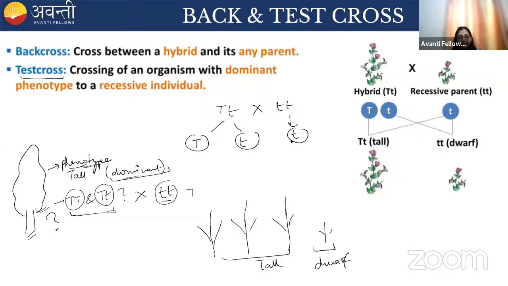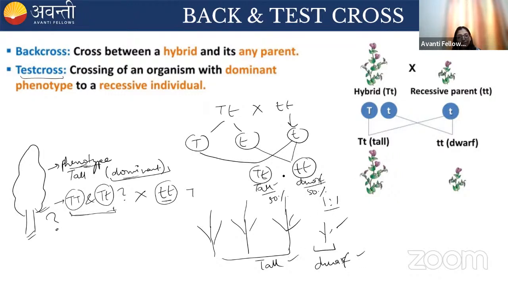After crossing, I'm getting tall and dwarf, that is 50% tall and 50% dwarf, that is 1:1. This is similar to the earlier cross where we got tall and dwarf. That means the genotype of this plant is heterozygous dominant.